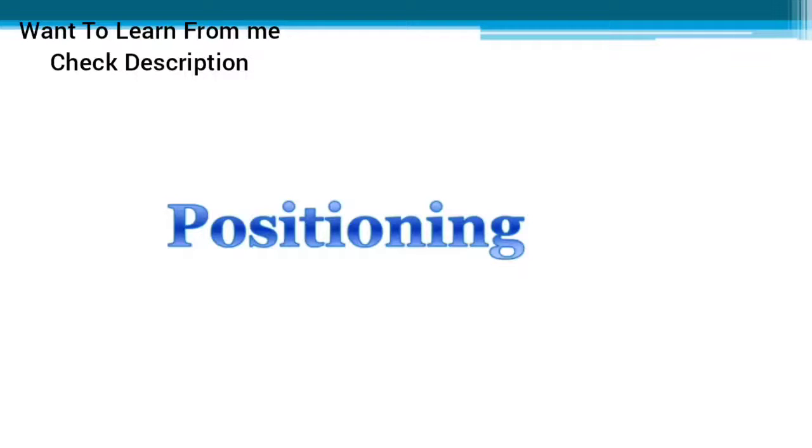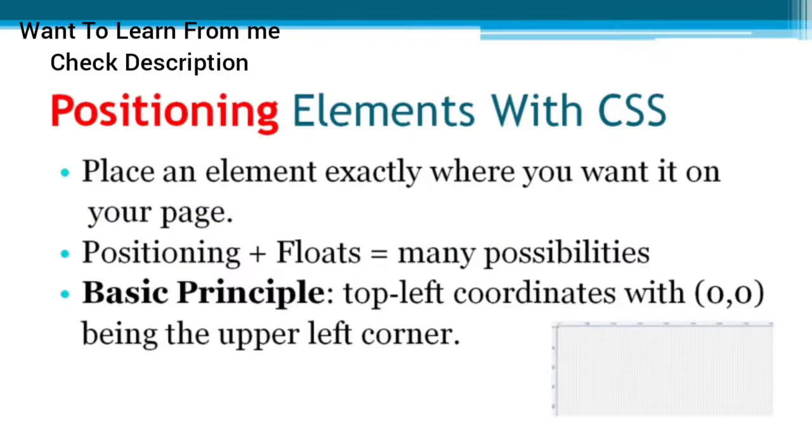By using this, any HTML element can be put in a location where we like. So when we are positioning elements with the help of CSS, we can place an element exactly where we want it on the page. And we have already learned about float.